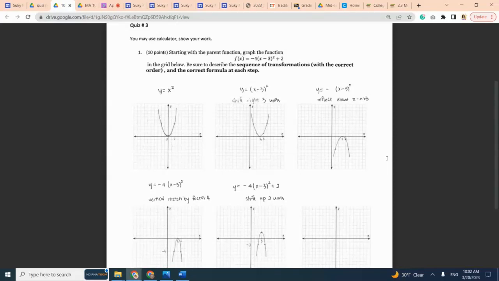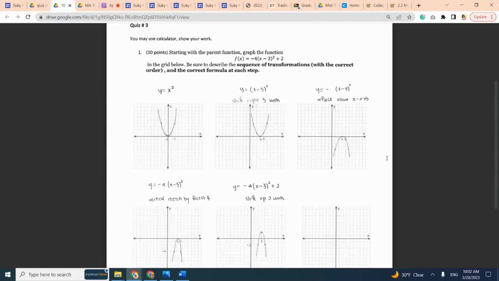And square roots, only one side. Square root of x, x must be greater than or equal to 0.